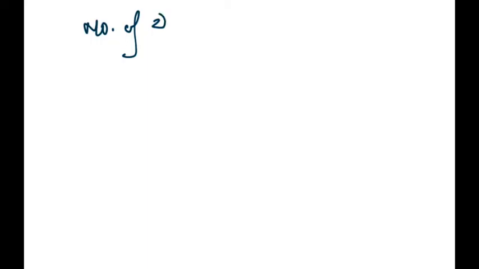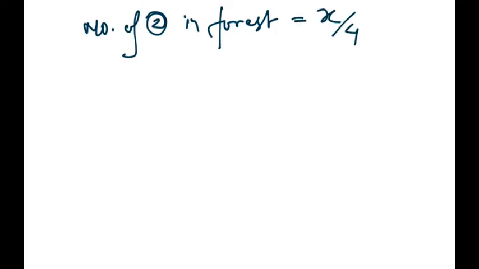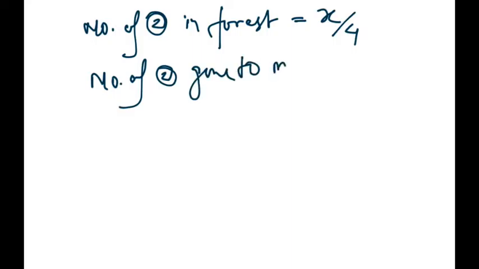Number of zombies in the forest is x by 4, zombies gone to mountains equals 2 root x.